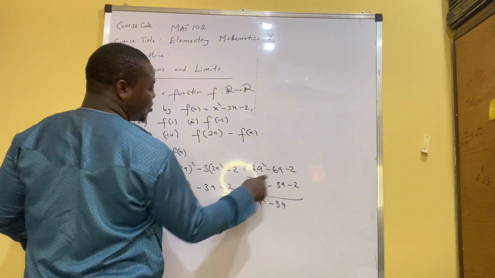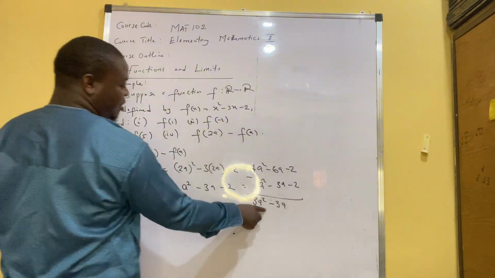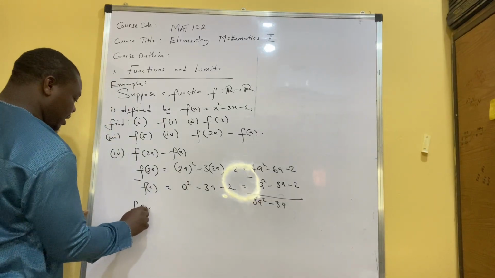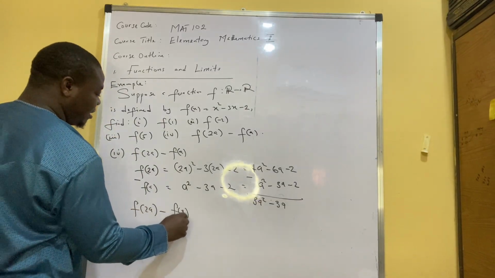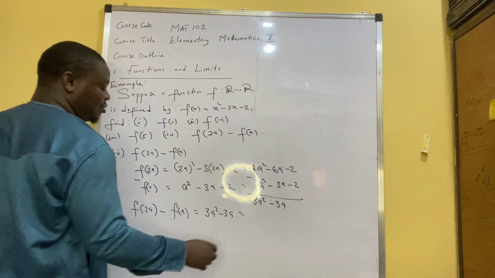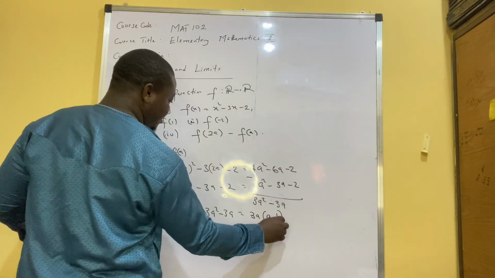Then here we have minus 2 minus minus 2, and that is 0. So our result for f of 2a minus f of a will be 3a squared minus 3a. If you like, you can factorize, 3a is common so that we have 3a times (a minus 1).